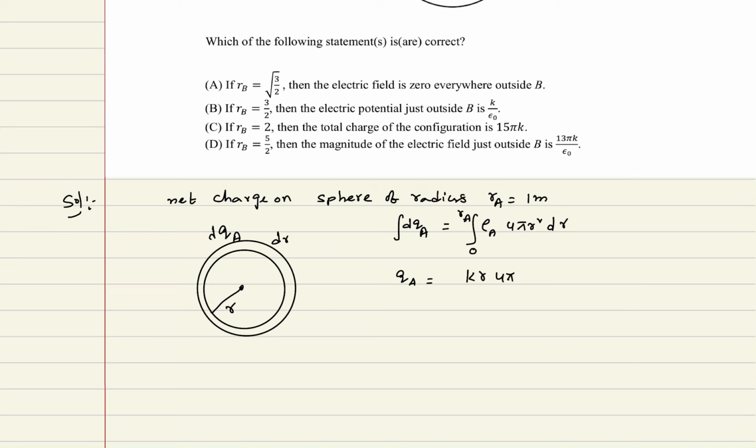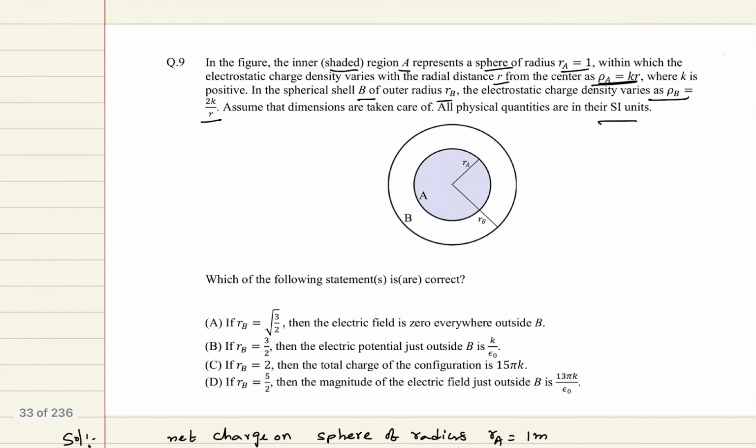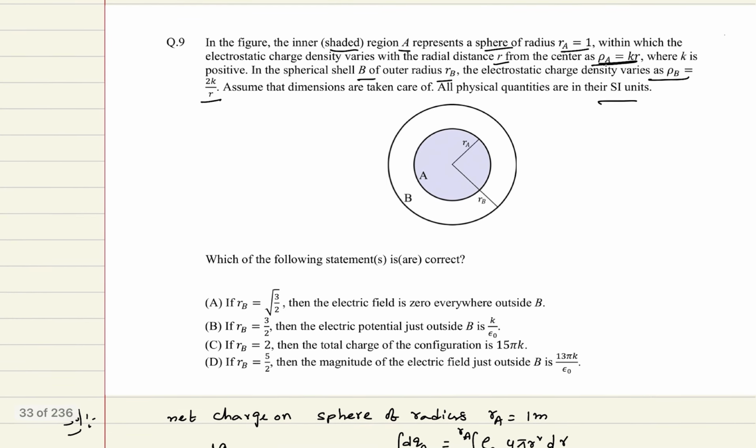The charge on A, with rho_A equal to K r, is the integral of K r into 4 pi r square dr from 0 to 1. This gives 4 pi K times r to the power of 4 by 4, so we get pi K as the net charge on the sphere.